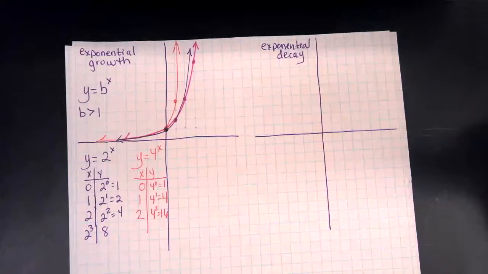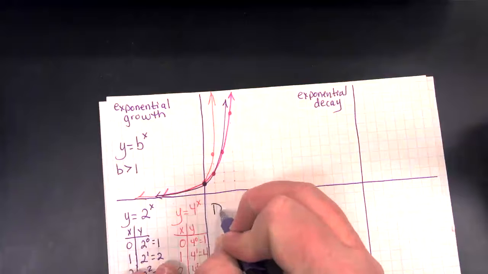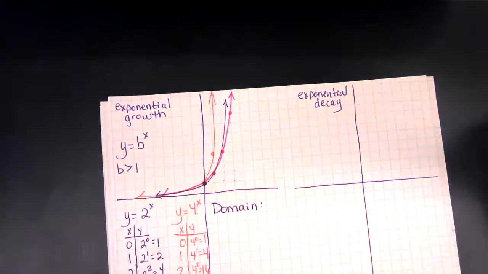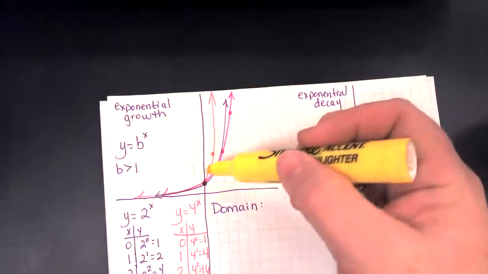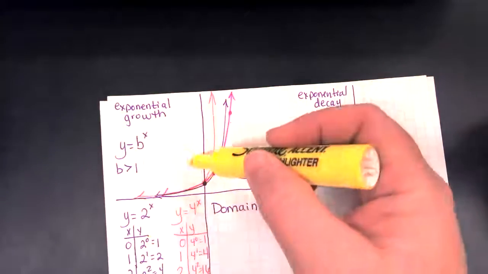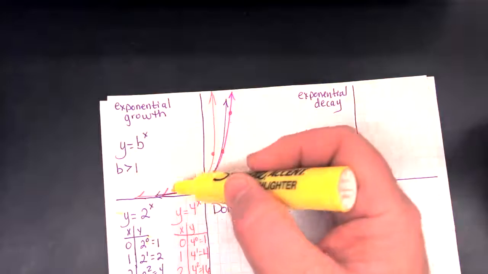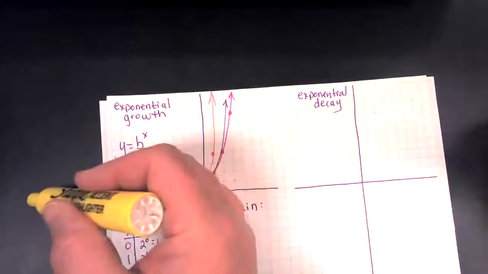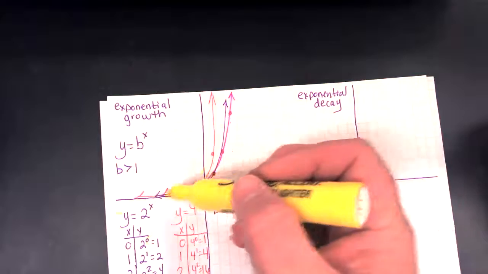Okay, so if we had to do domain and range, all right, I'm going to get my highlighter. Notice what's happening. This looks like it goes on forever, doesn't it? This goes on and there's no stopping.